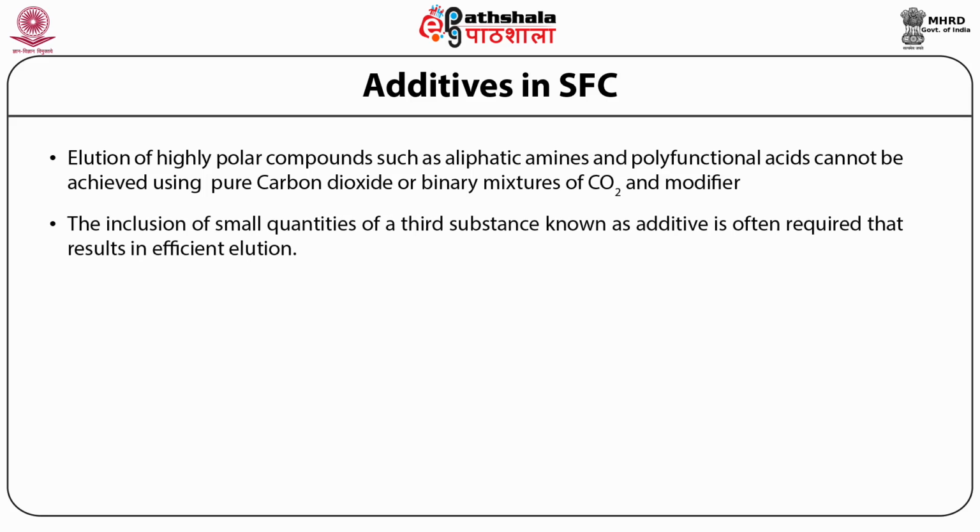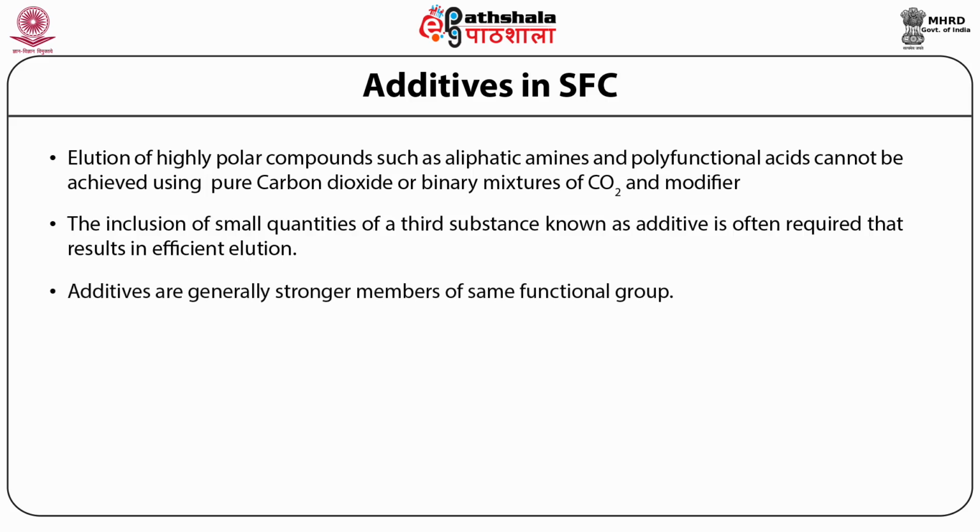Elution of highly polar compounds such as aliphatic amines and polyfunctional acids cannot be achieved using pure carbon dioxide or binary mixtures of carbon dioxide and modifier. The inclusion of small quantities of a third substance, known as an additive, is often required, which results in efficient elution of the polar compounds.